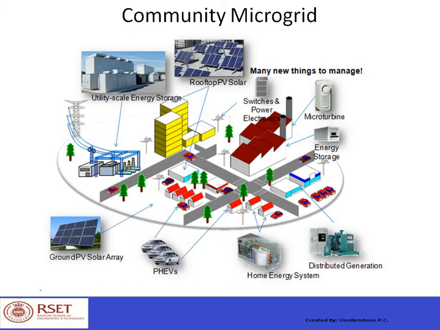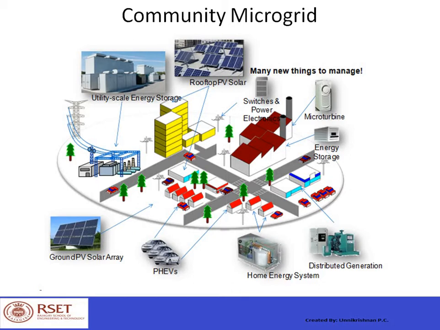They have distributed generators, home energy systems, plug-in hybrid electric vehicles. There are a lot of electric vehicles which can be plugged in. Ground PV solar array: rooftop solar PV is there, as well as ground PV solar array.